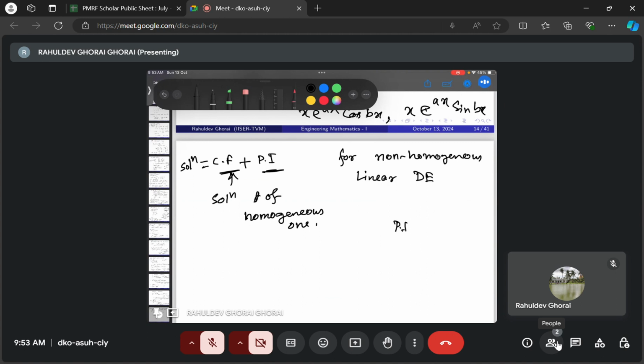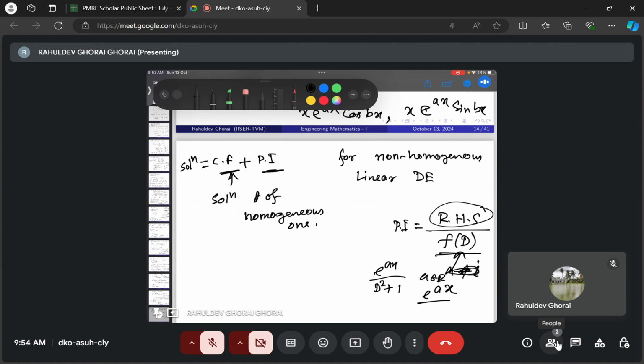So PI means, we discussed yesterday, the right hand side over the left hand side operator acting on the right hand side. Like if it is e to the power ax over D square plus 1, let's say a is not equal to i, so a belongs to the real numbers, any real number, then it will be e to the power ax over a square plus 1, which does not contain any arbitrary constants.